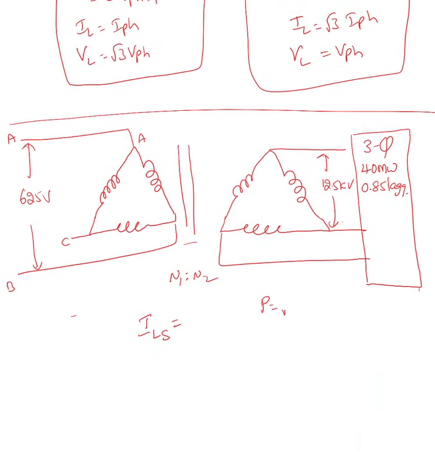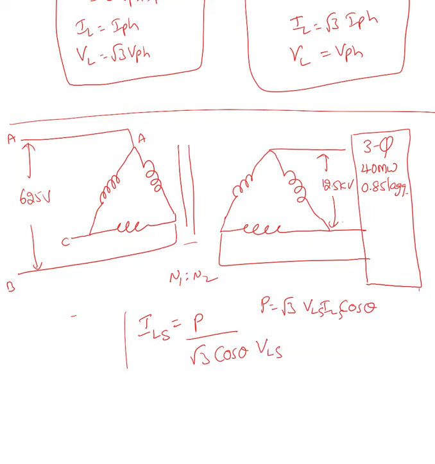P equal to square root 3 VL IL cos theta, either delta load or phase load. This is the same. What is the IL? Based on this, IL is equal to P over square root 3 cos theta times VLS secondary.